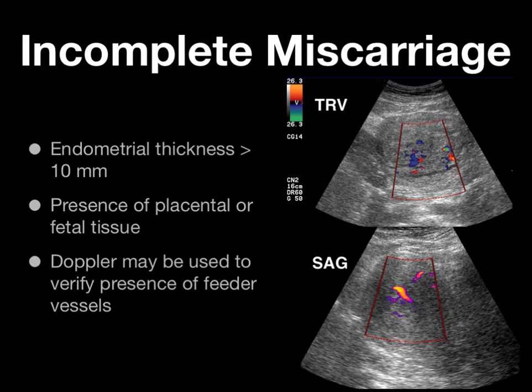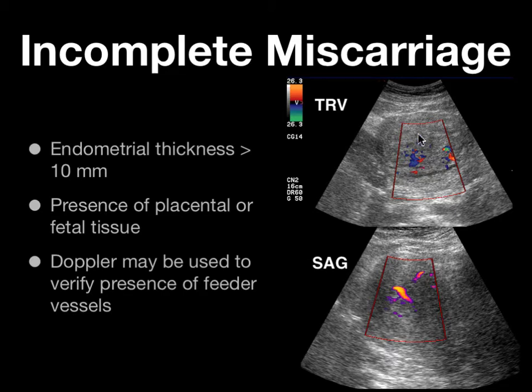The diagnosis of an incomplete miscarriage should be made in conjunction with your physical exam findings. Ultrasound findings include obvious presence of placental or fetal tissue, which makes it a no-brainer. A non-specific finding would be endometrial thickness greater than 10 millimeters. If you rely on this finding alone, you would take a lot of women to the operating room for D&C unnecessarily.